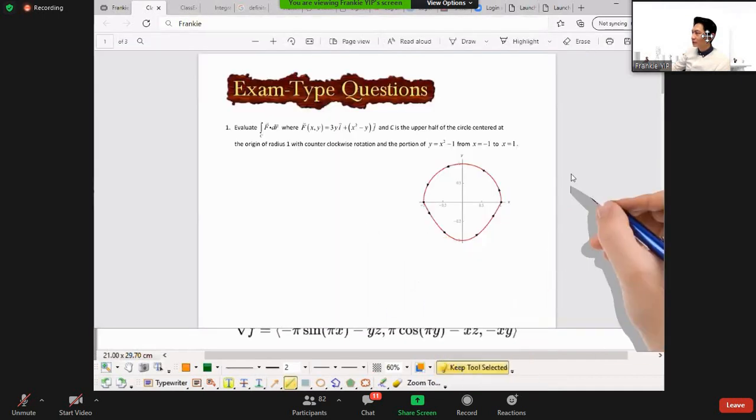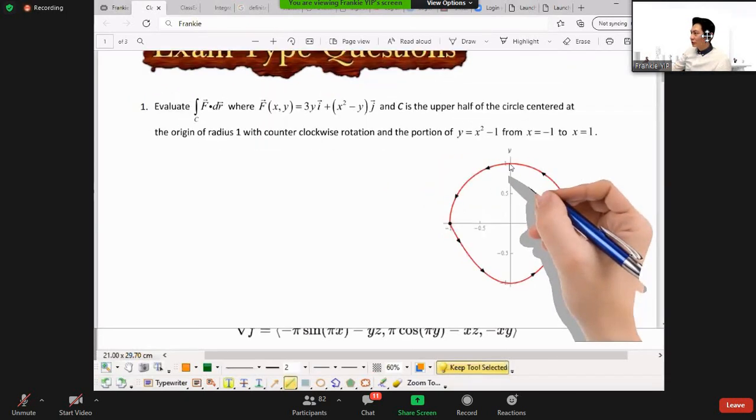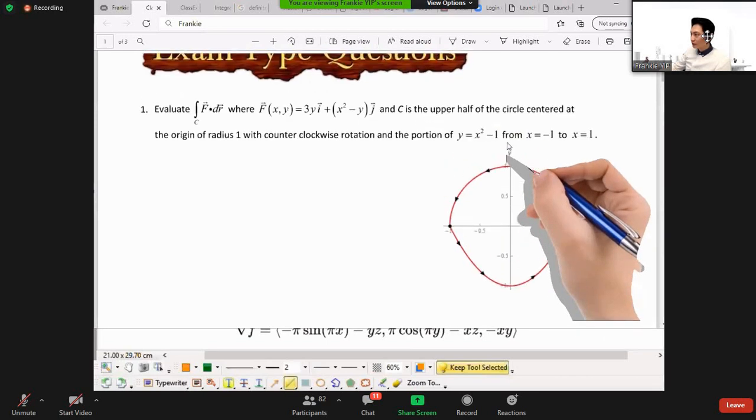Open it. Okay, and try to do these two questions. Okay, question 1 first.